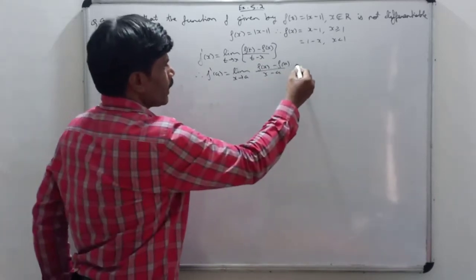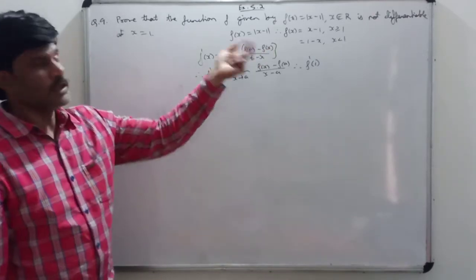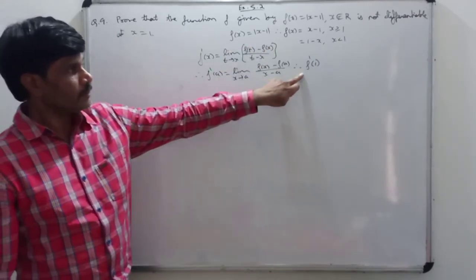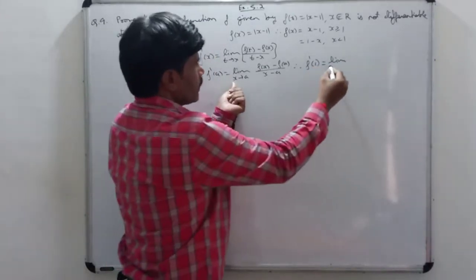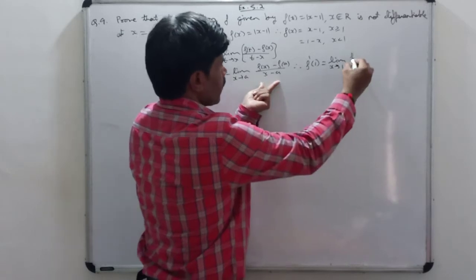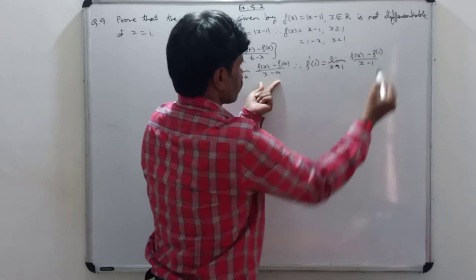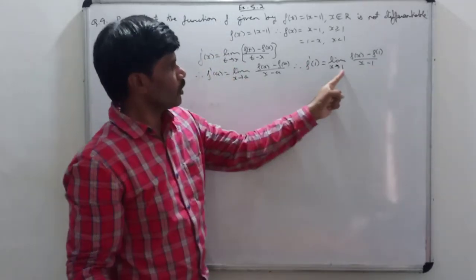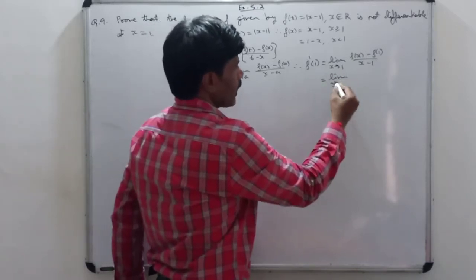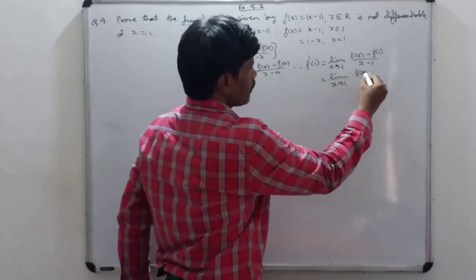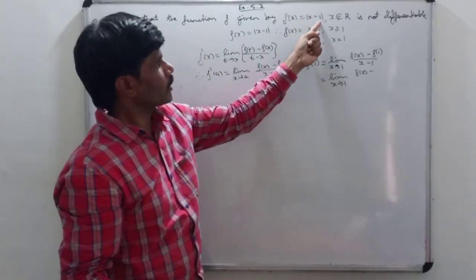So therefore f'(1), we want to find out the derivative at 1, means we will show it is not differentiable. f'(1) is equal to limit x tends to 1, (f(x) minus f(1)) upon (x minus 1). Wherever you see a, there you put 1. f(1) is 1 minus 1, 0.